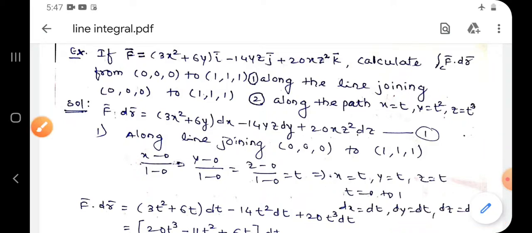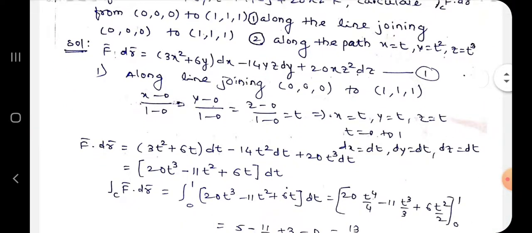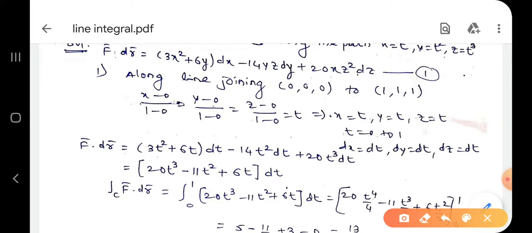Now find dx, dy and dz. Here dx is equal to dt, dy equal to dt and dz equal to dt. Put x equal to t, y equal to t, z equal to t and dx, dy, dz equal to dt in your equation 1.